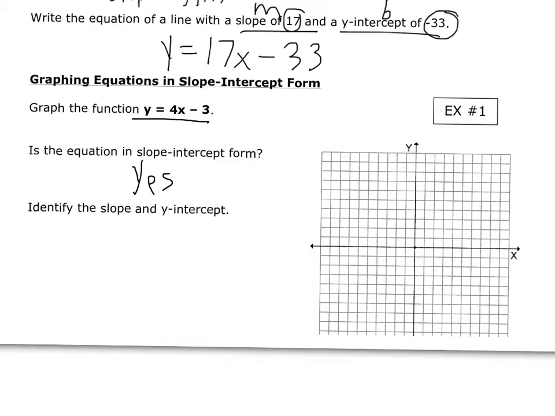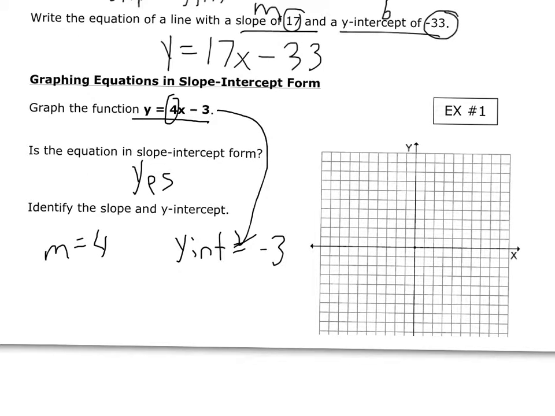We want to identify the slope and the y-intercept. The y-intercept, of course, is your b part, so we're going to bring down our negative 3 for the y-intercept. And our slope is always the number in front of x, so our slope, or m, would be 4.